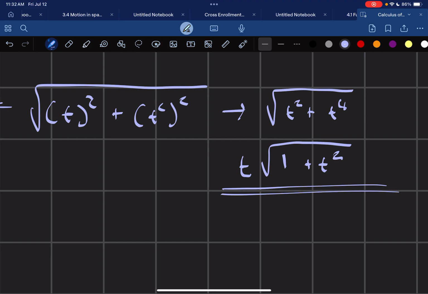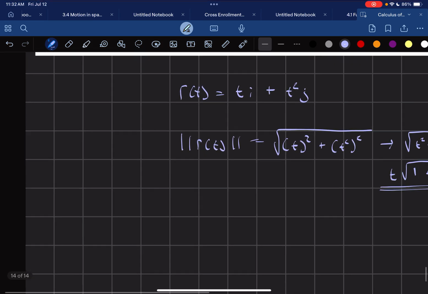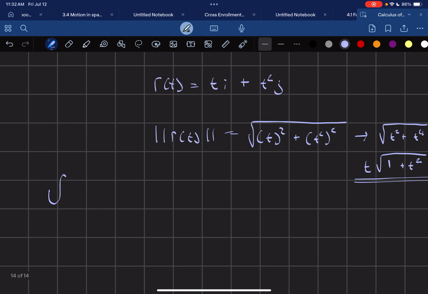So let's find the integral. We get the integral from 0 to 3 of t times the square root of 1 plus t squared dt. To solve this integral, we can use a substitution method.